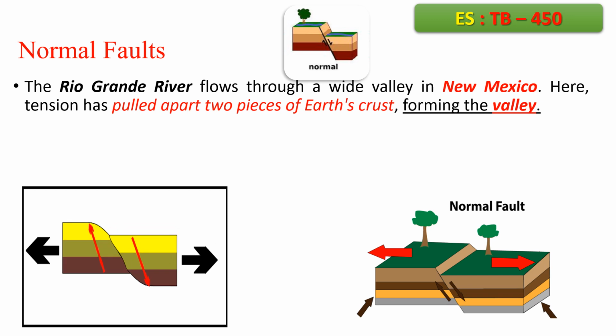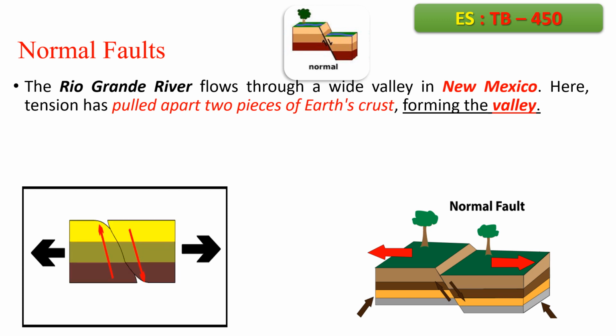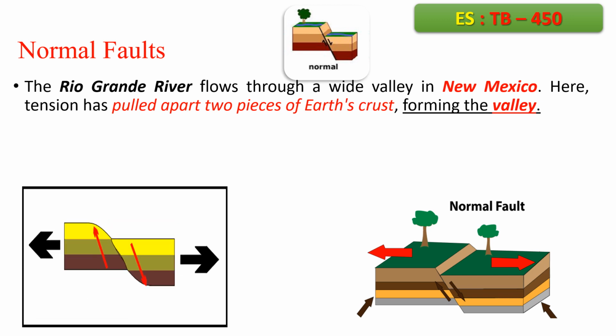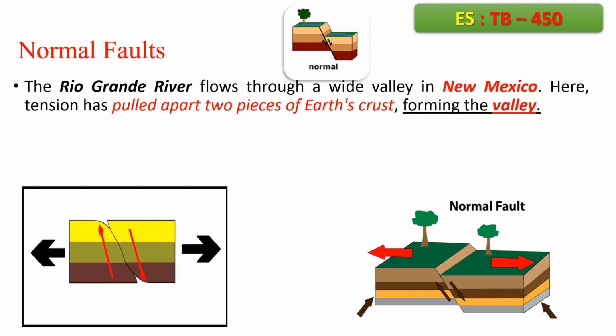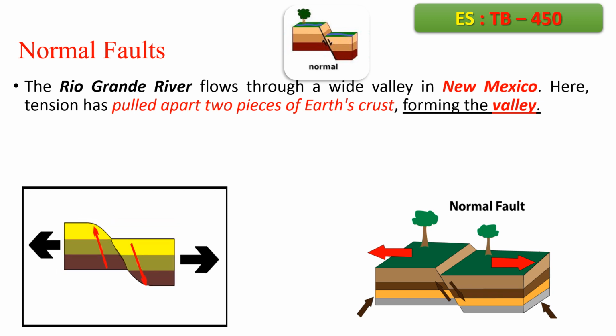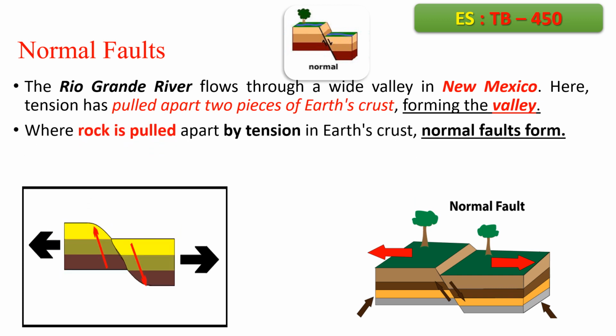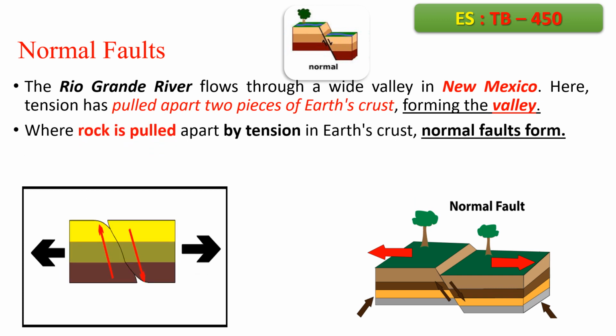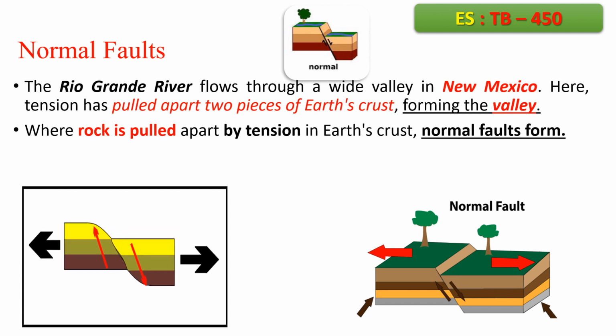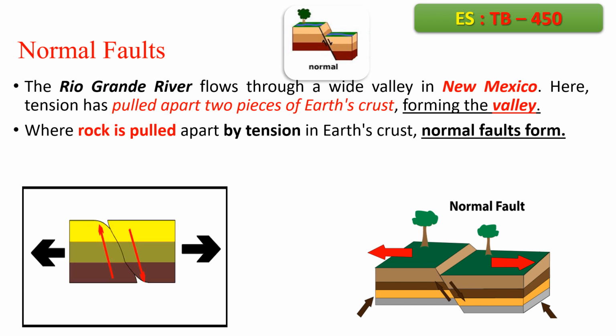The Rio Grande River flows through a wide valley in New Mexico. Here the tension has pulled apart two pieces of earth's crust, forming the valley. Where rock is pulled apart by tension in the earth's crust, a normal fault is formed.